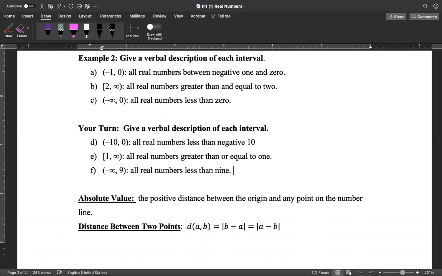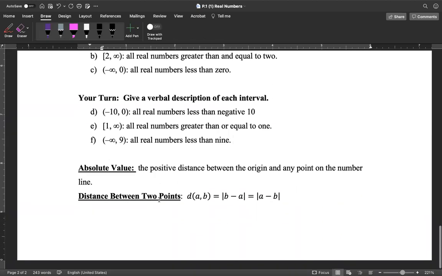All right, so hopefully you got to check those and you're good to go. All right, last little thing we have to go through is absolute value and then distance. So absolute value is the positive distance between the origin and any point on the number line. Okay, so we know that the absolute value of +5 is +5. The absolute value of -10 is +10 because distance can only be positive, which is why we're looking at distance here.